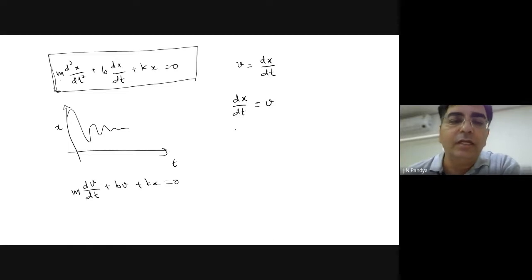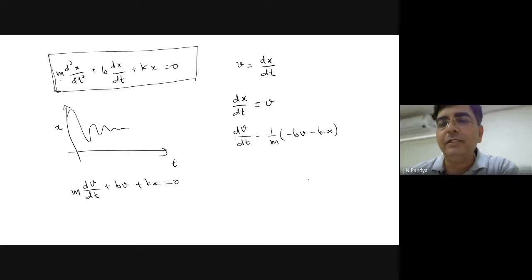Okay, so ultimately what should I do? I have to write here dv by dt equal to 1 by m times minus bv minus kx, right? Is it fine? So what we have done is, this is my f function, this is my g function.